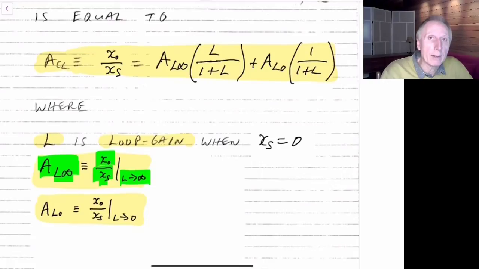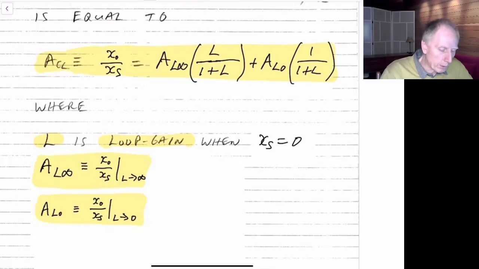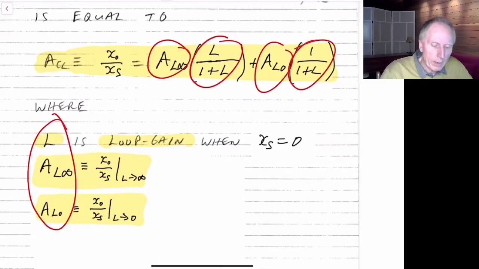So we imagine that the loop gain goes to infinity, and we find the transfer function for the circuit. Then we also find the transfer function from the input to the output if we make the loop gain go to 0. So if we force the loop gain to 0, we find that transfer function, which will also have this value. We do these directly on the circuit, and once we have all three of these, we can substitute them into here, and we have the closed loop transfer function for the circuit.